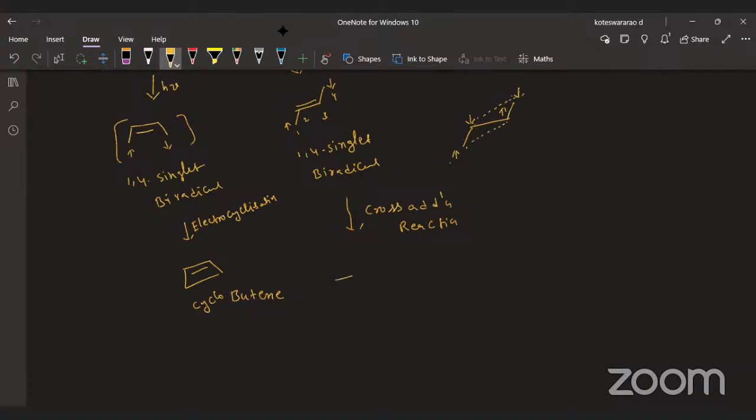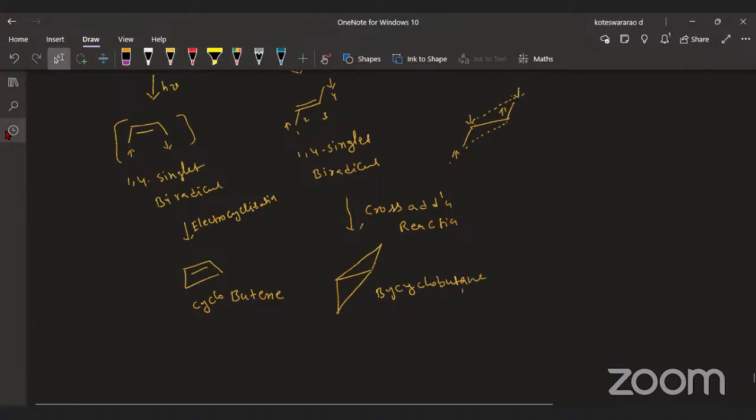Now that leads to the formation of what is called bicyclobutane.